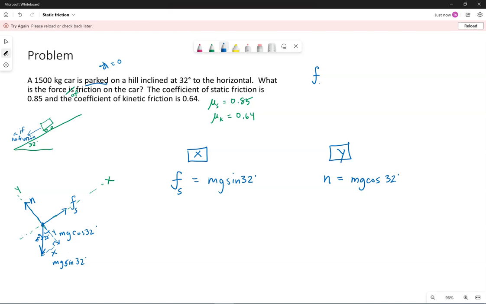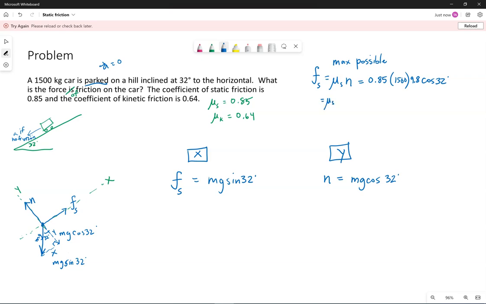Now, we can say that the force of static friction is mu times N. But remember, this is the maximum possible value. It's not necessarily the actual value in the problem. Let's go ahead and calculate this. So mu 0.85, the mass of the car 1500, g 9.8, and then cosine of 32.